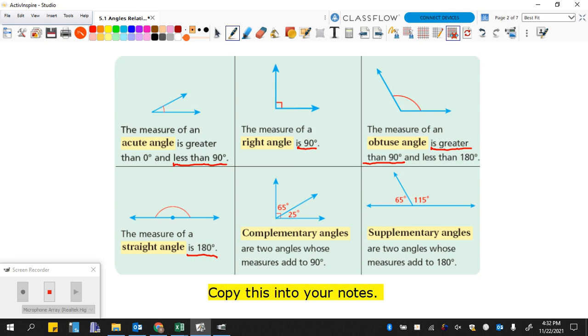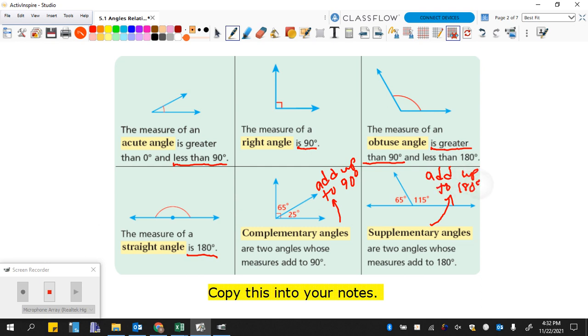Complementary angles add up to 90 degrees, and supplementary angles add up to 180 degrees.